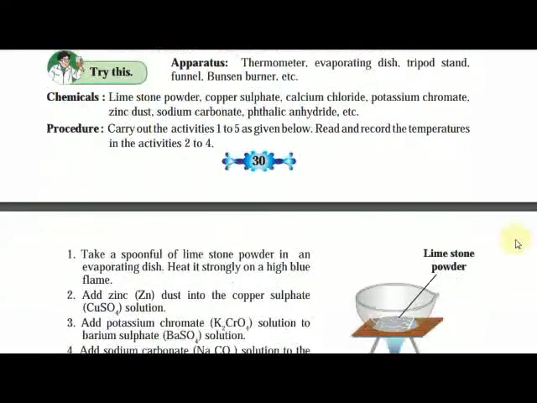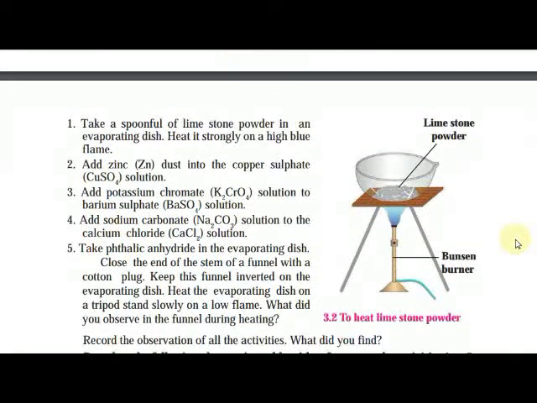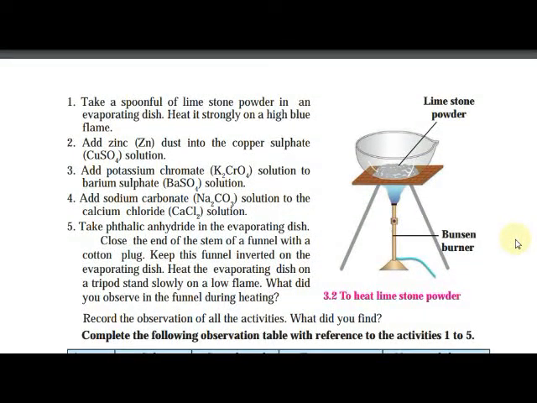Take a spoonful of limestone powder in an evaporating dish. Heat it strongly on a high blue flame. Add zinc dust into copper sulfate solution. Add potassium chromate K2CrO4 solution to barium sulfate BaSO4 solution.